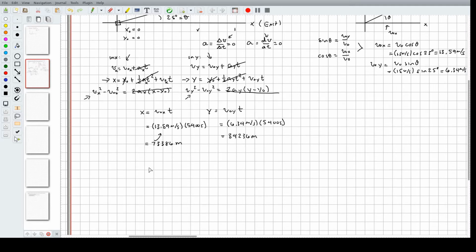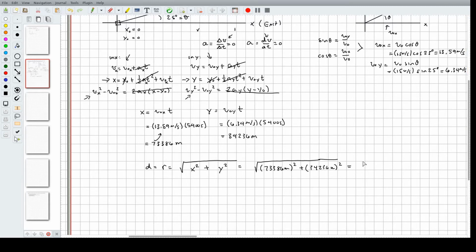So the distance, d, which is also the same thing we're going to discover in a moment as r, is the square root of the distance traveled in the x direction squared plus the distance traveled in the y direction squared. So when you plug your stuff in here, you get 73,386 meters squared plus 34,236 meters squared.